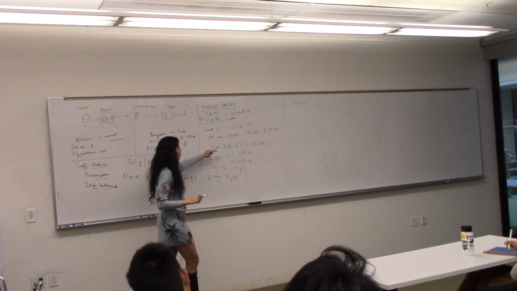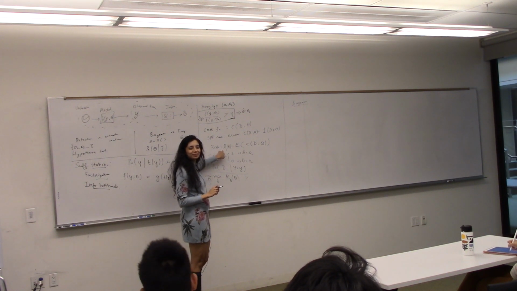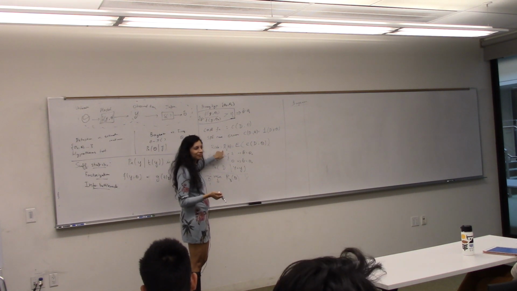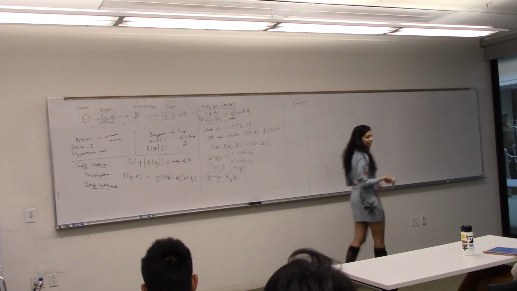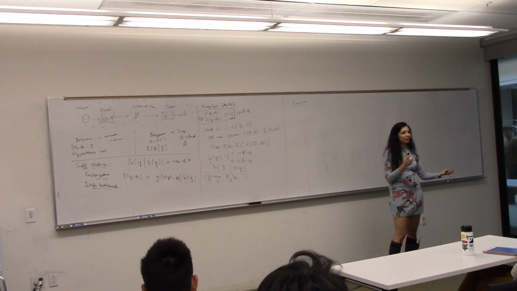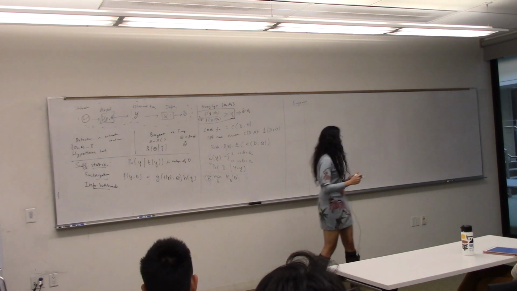This risk is a function of theta, but what do I know about theta in the Bayesian setting? The prior? The priors, right? So the natural thing to do is average over the prior. Because obviously the theta that's more likely, I put more weight there, and theta that's less likely, I put less weight.